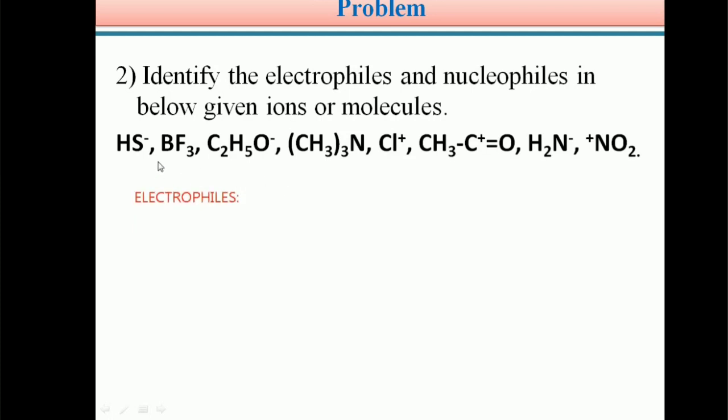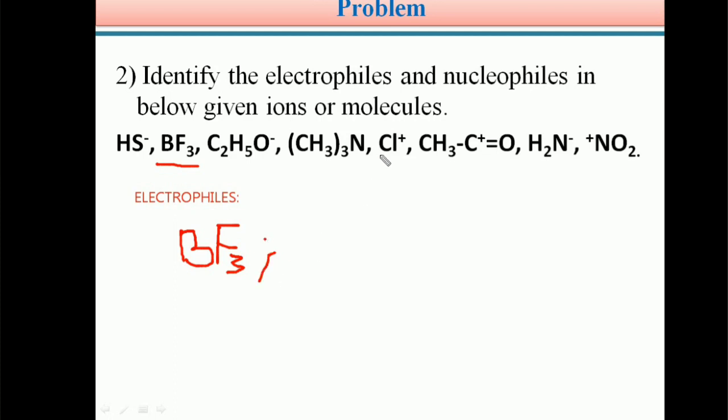BF3 is electron deficient. Students, we know BF3, boron trifluoride, is an electron deficient compound because the central boron atom has less than an octet of electrons. It has only 6 electrons around the boron atom.